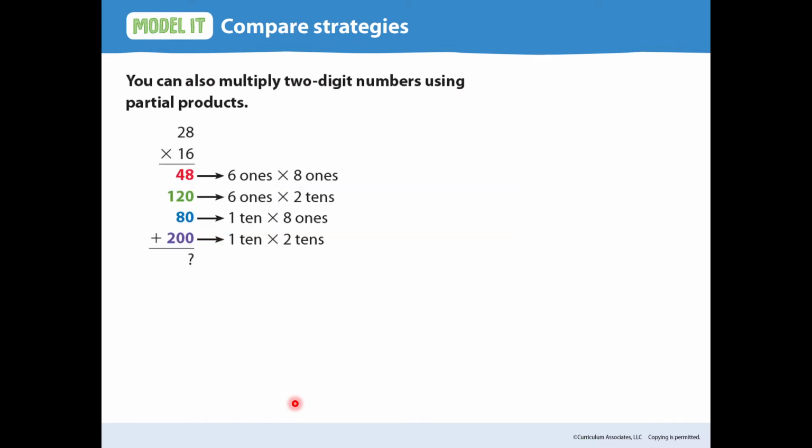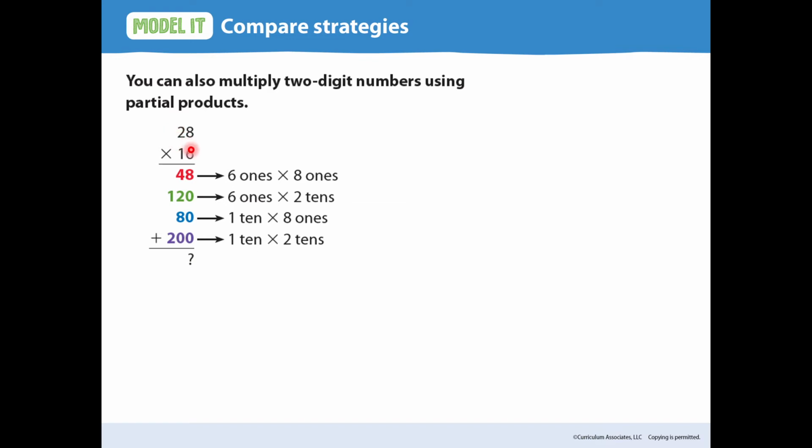Another method that you could have used is multiplying two-digit numbers using partial products. So here we have our multiplication problem, 28 times 16. So we're multiplying 6 times 8 first, which is 48. That's 6 ones times 8 ones. And then we have 6 ones times 2 tens, because the 2 is in the tens place.